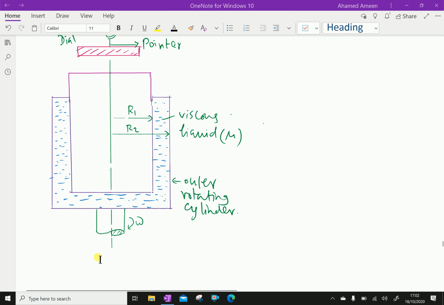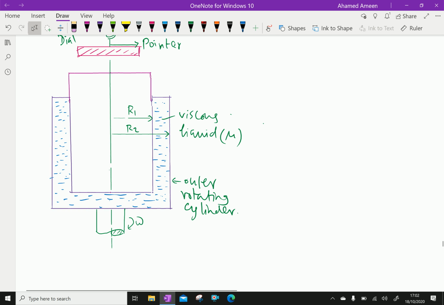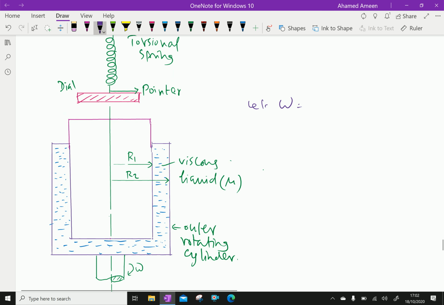Let omega equal the speed of the outer cylinder.